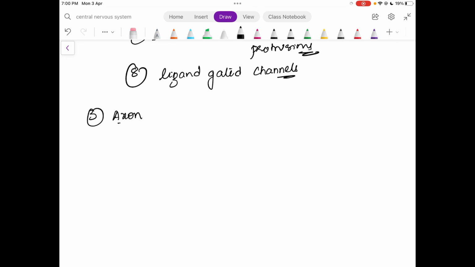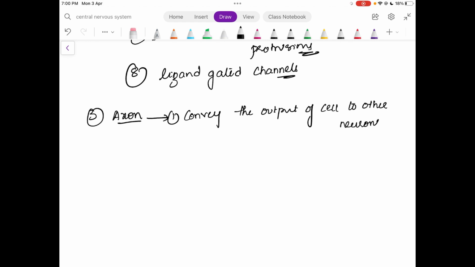Next, third one is axon. This axon will convey the output of the cell to other neurons. That is, whatever signal is taken up by the dendrites and comes to the cell body is transmitted to other neurons with the help of axon.